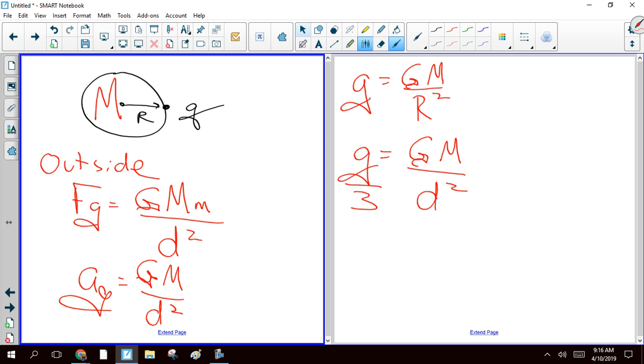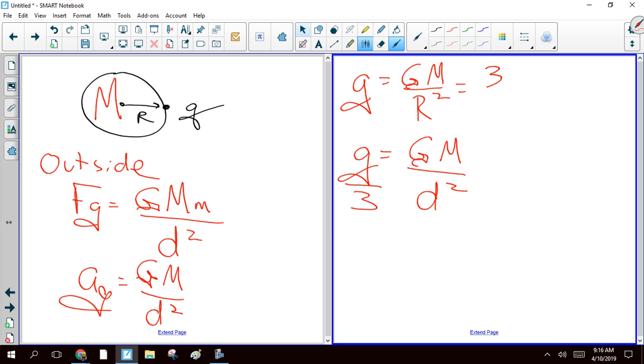Well, I don't know how you guys go about solving these. I guess you could multiply both sides by 3 and set them equal to each other, right? So this is the same as 3GM over d squared, multiplying by 3. Cool. And then your GMs cancel.